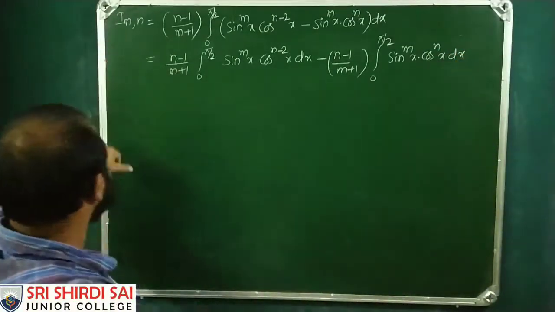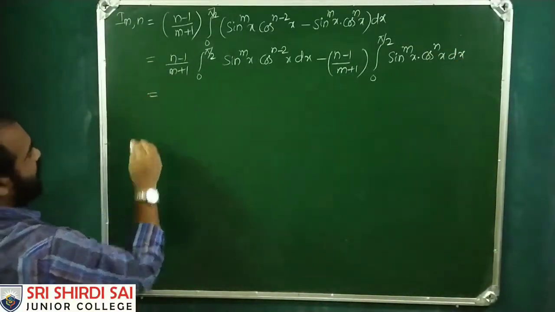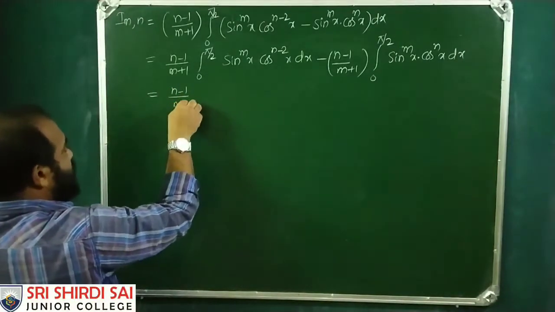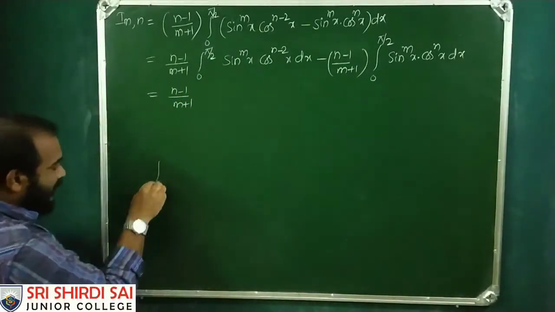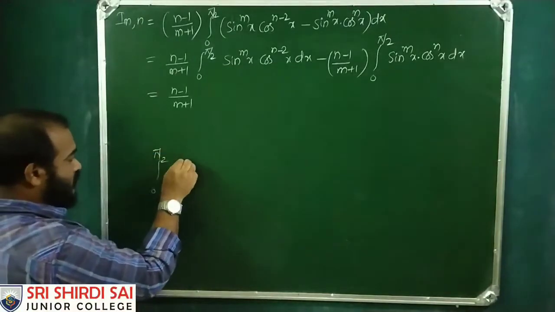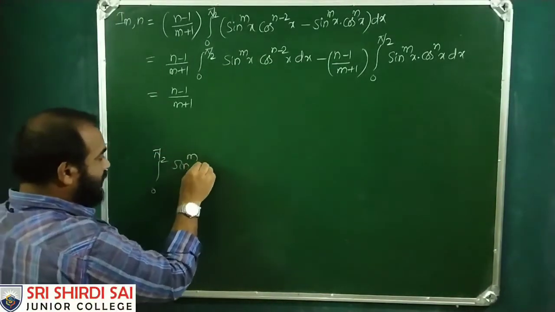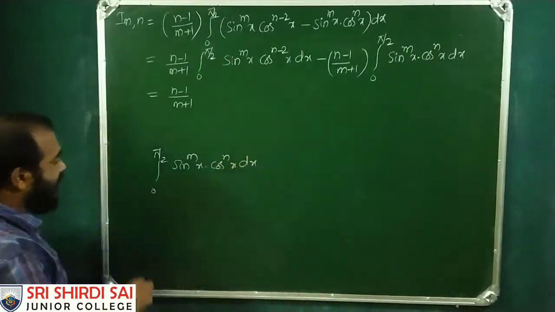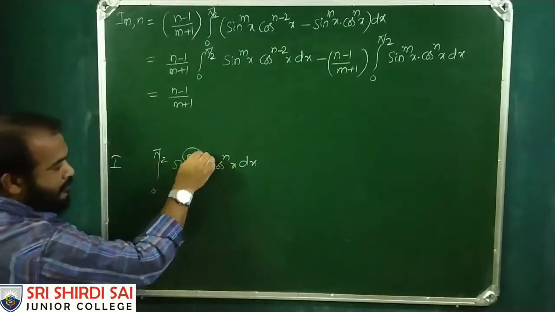What is all this? Imn. So this is equals to n minus 1 by m plus 1 times the integral 0 to pi by 2 sin power m x into cos power n x dx, which is to be treated as Imn.